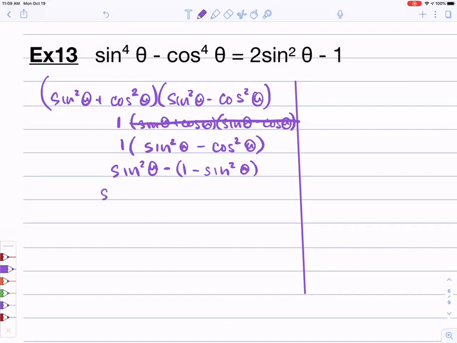All right, so now I have sine squared minus 1 plus sine squared. Dylan, what can you do with that? Again, pay attention to the right side.